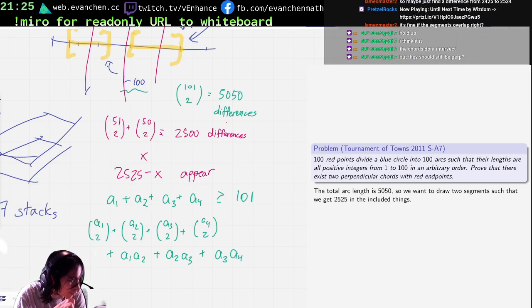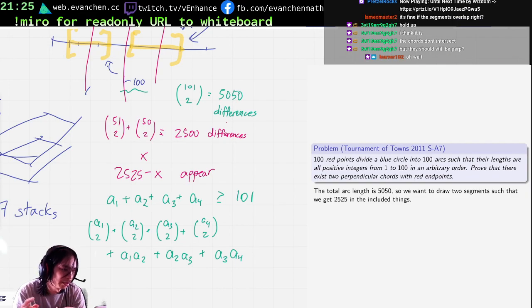The chords intersect, but even in that case... If you imagine two chords that don't intersect but are perpendicular, when you cut open the circle, they still don't intersect, yeah. I do like this idea a lot. I think this is a good line to pursue.